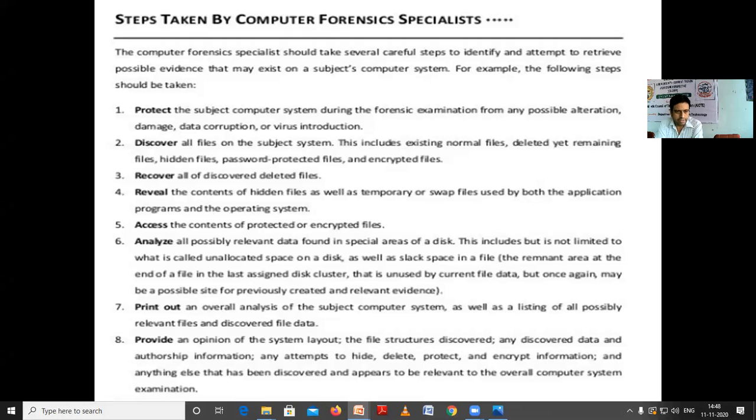First of all, they protect the computer system for forensic examination from any possible alterations, damage, data corruption, or virus introduction. They discover all the files on the subject system.